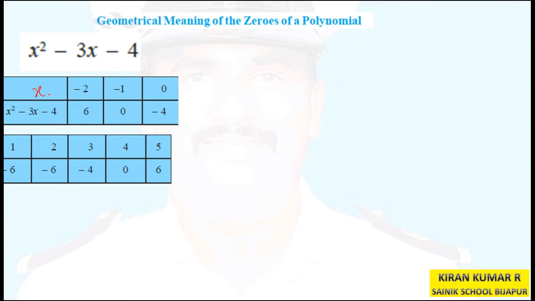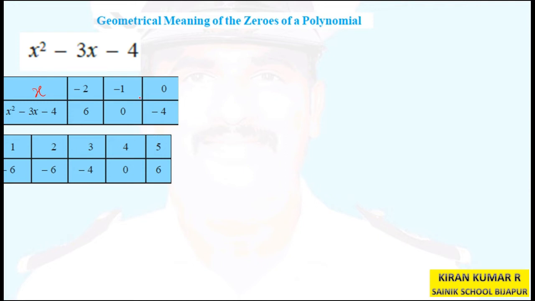This first column is x and the second column is y. These are the different values for x and y. If the value of x is taken as -2, we will be getting the value of y as 6. Similarly, the other coordinates are obtained.